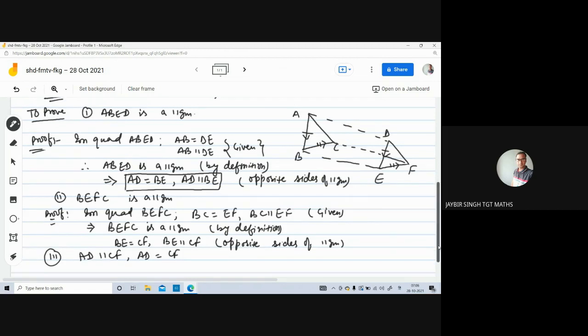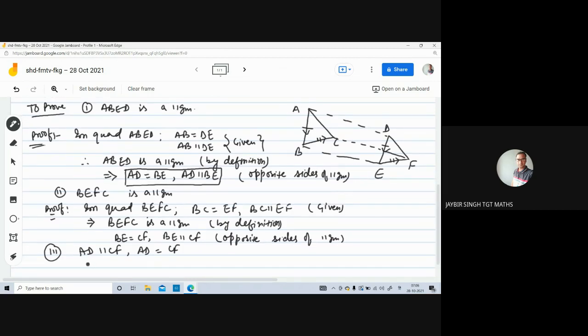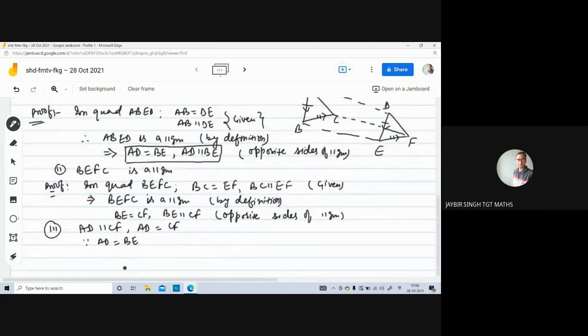Now see, AD is equal to BE, and here you can see CF equal to BE. And the same thing is with parallelism.